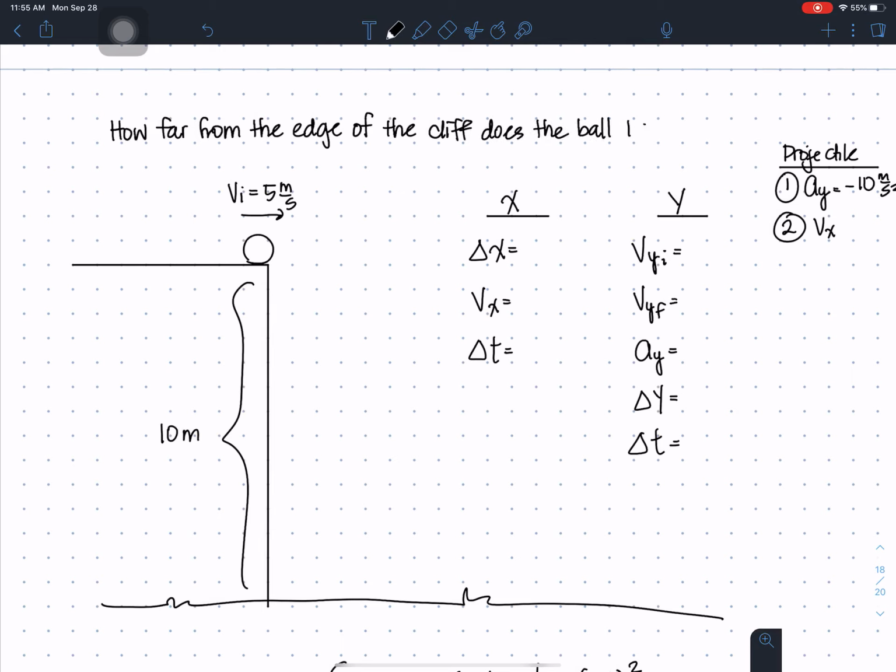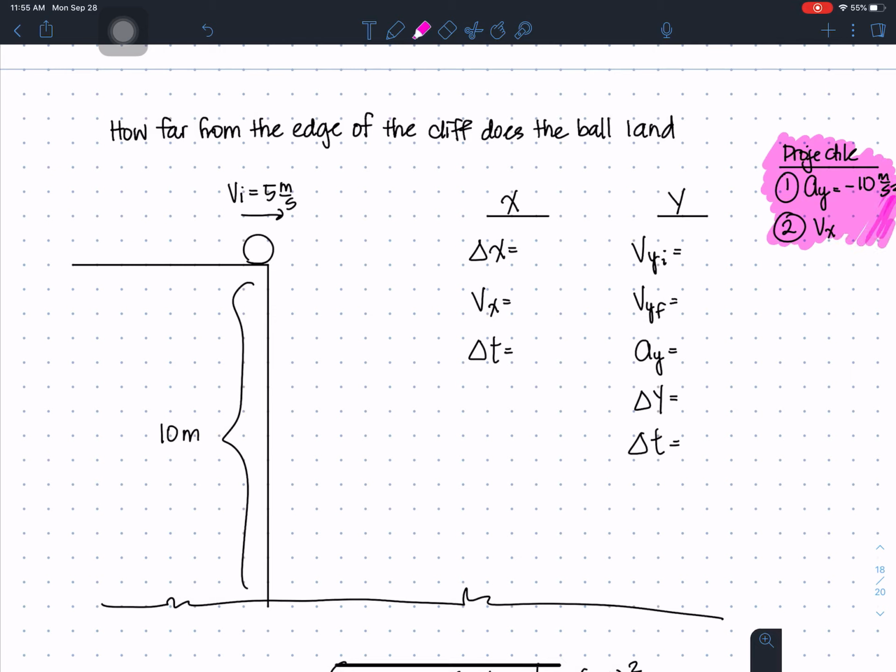Now you see before you are two data tables for our x direction variables and our y direction variables, but let's back up and talk a little bit about where those variables came from. Recall that projectile motion describes two particular situations.